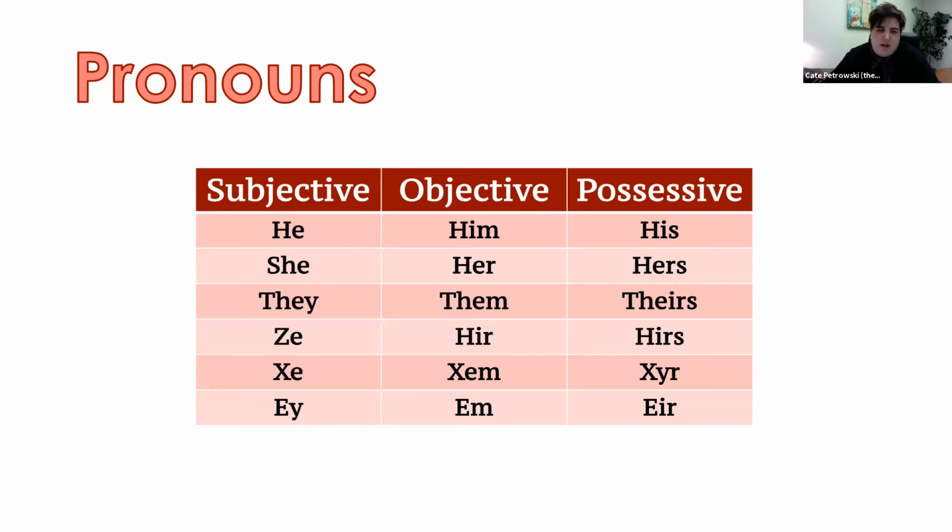And the bottom three are some that maybe you might be less familiar with, but that lots of folks feel more comfortable using. So it's very important to ask what pronoun somebody uses and to not make assumptions about that.